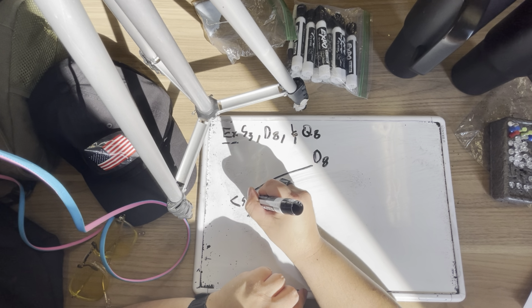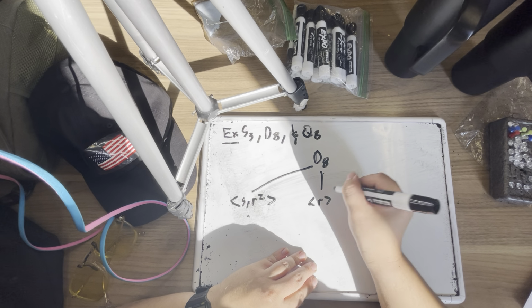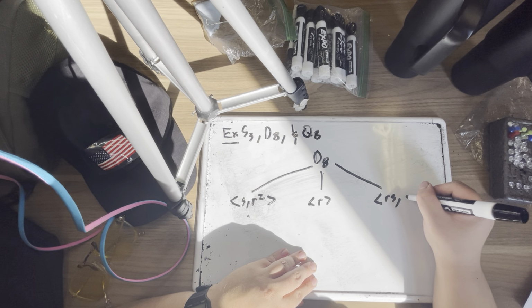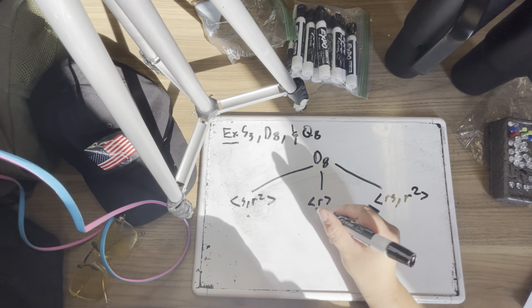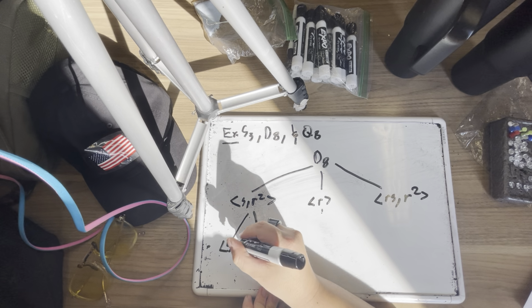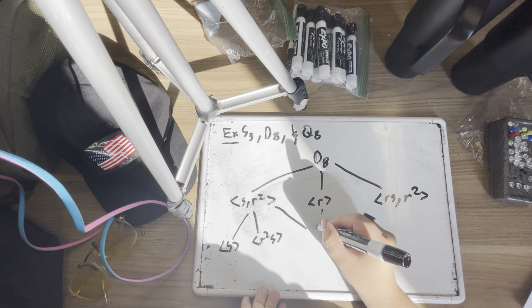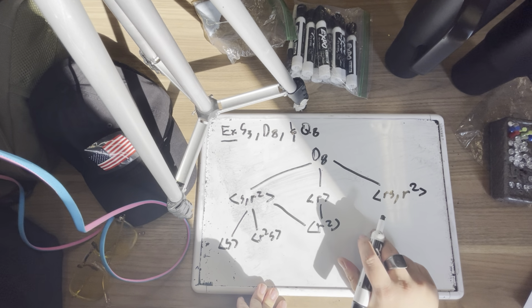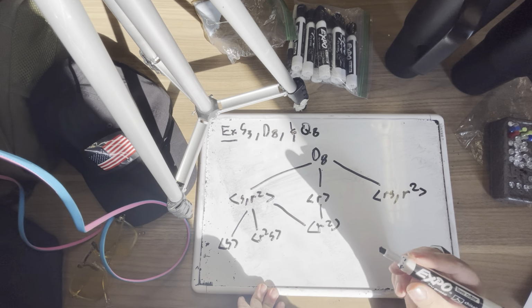The subgroup generated by S and R squared, the subgroup generated by R, the subgroup generated by RS, R squared, then the subgroup generated by S, the subgroup generated by R squared S, the subgroup generated by R squared, and each one has a line to each one of the ones which previously existed on the previous level, right?